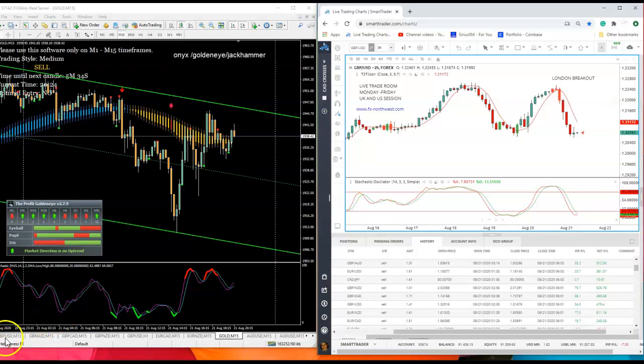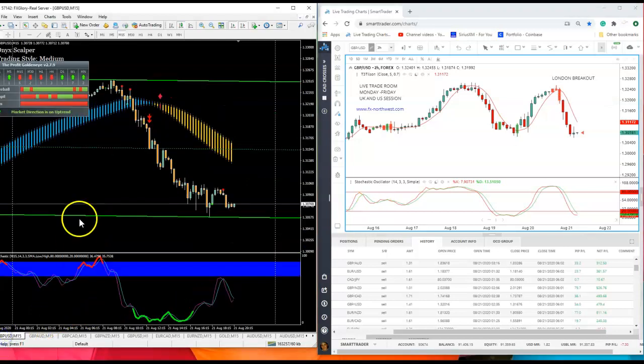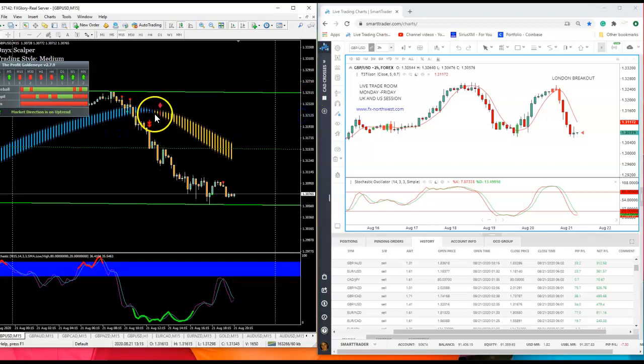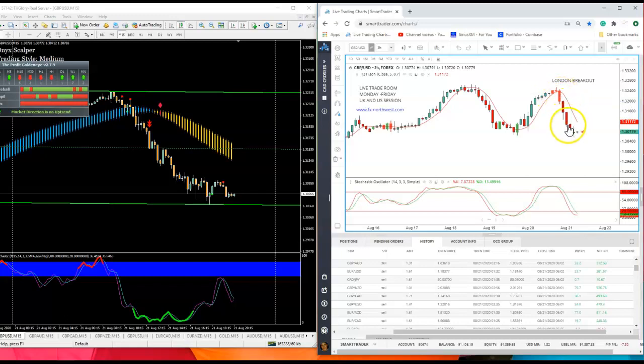Then I went over to the Onyx Scalper and noticed that it was also showing me a sell signal. So I took that trade, and here it is down here, 34 pips. I exited this trade before the New York session started, and the New York session pushed this price even further.